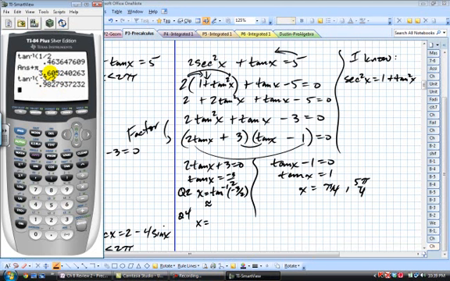Because the reference angle here is positive 0.98, to get to quadrant 2, I just take pi minus 0.98. So I might as well just add pi at this point. So let's just go to quadrant 2 immediately. Plus pi.